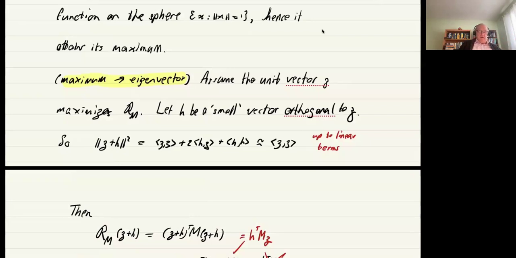So, a small vector orthogonal to Z, and here's a quick computation. The squared length of Z plus H is (Z, Z) plus 2 copies of (H, Z) plus (H, H). Now (H, Z) is 0, and (H, H) is order epsilon squared. And so ignoring the terms of order greater than 1, we get that Z plus H is a unit vector.